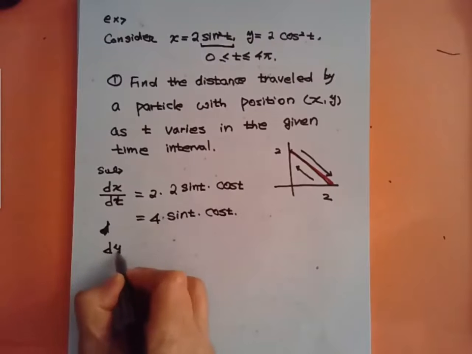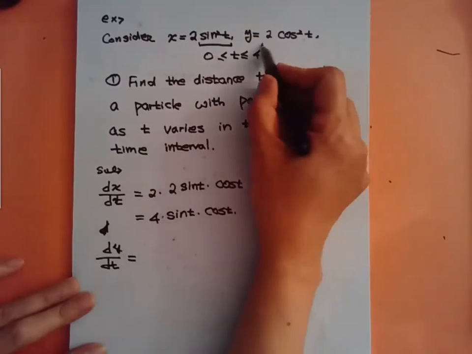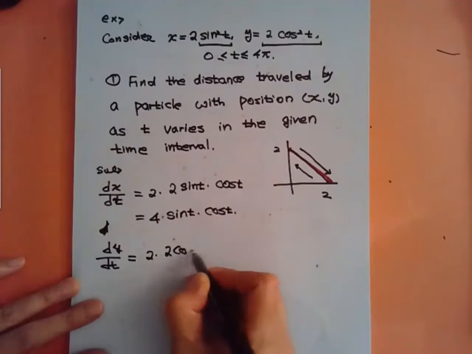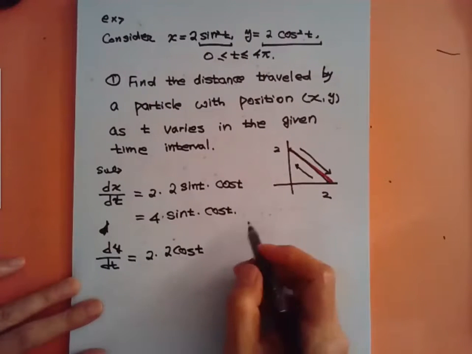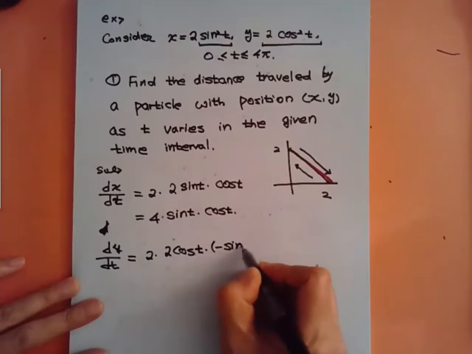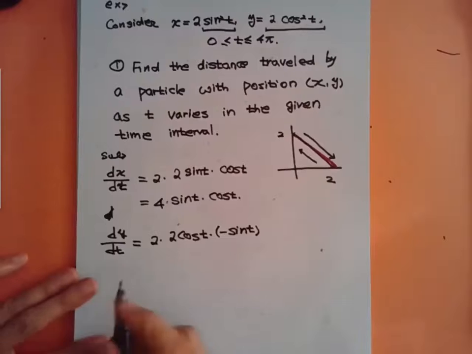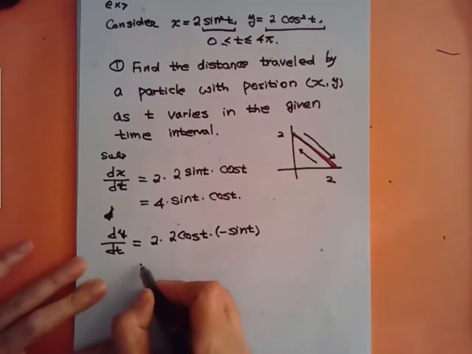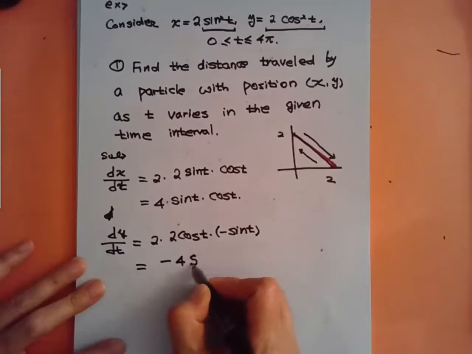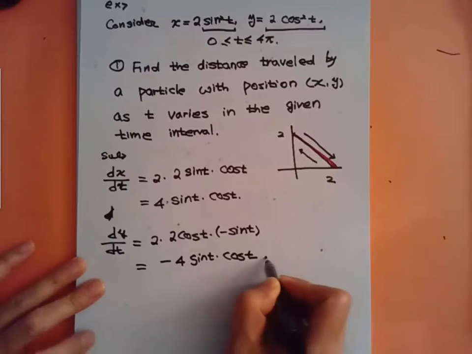And then dy over dt equals, we calculate this part, that is 2 times 2 cosine of t times minus sine of t. That is just the formula for the derivative of cosine. So minus 4 sine of t times cosine of t.